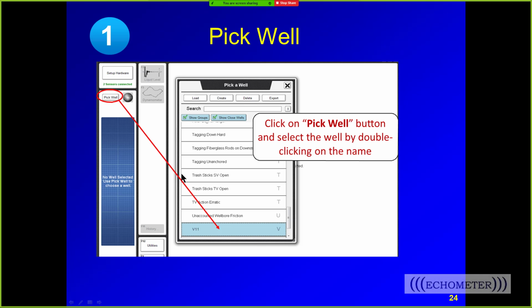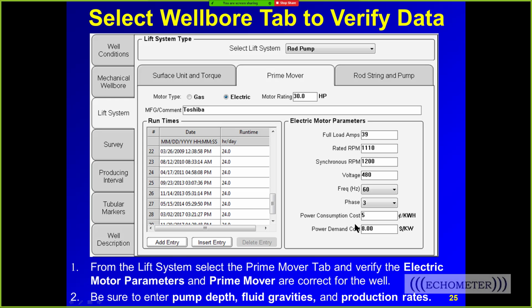Okay, so now we've got everything hooked up right, and we're using our sensor, power probe, and our dynamometer sensor, and we're going to go in and pick a well, and this is showing we're going to pick the V11 well. And we've selected it, and then we go to the lift system, edit lift system, and we make sure we look at the back of the motor and look at the label on the motor and make sure these parameters are correct.